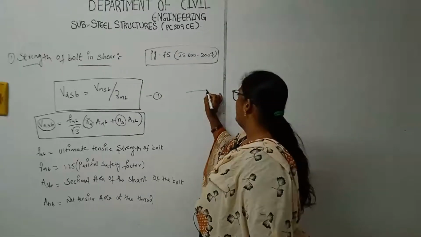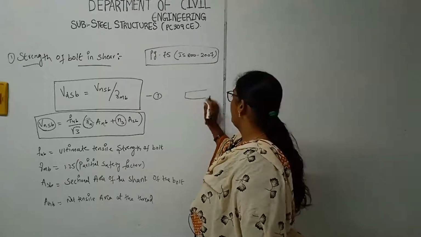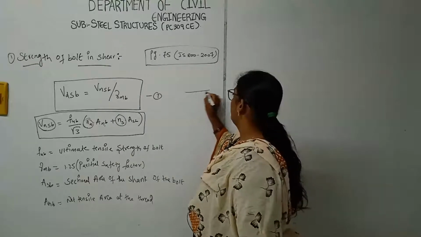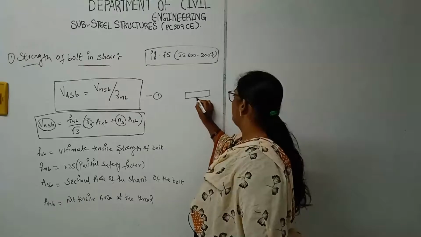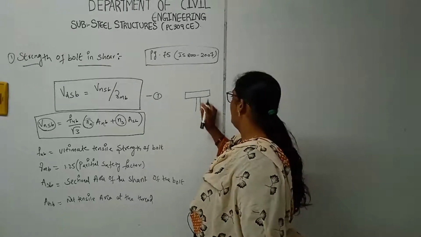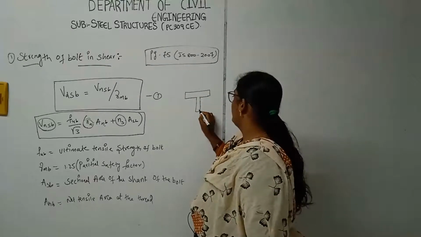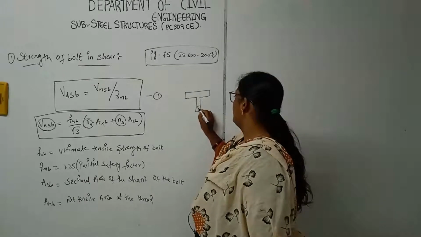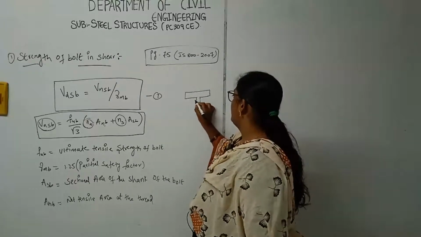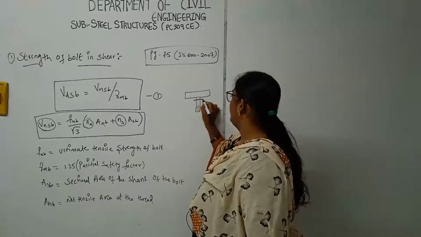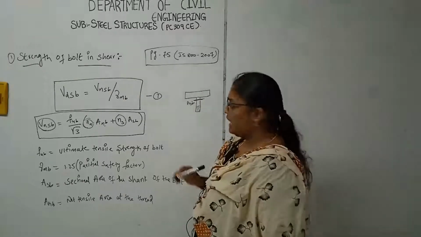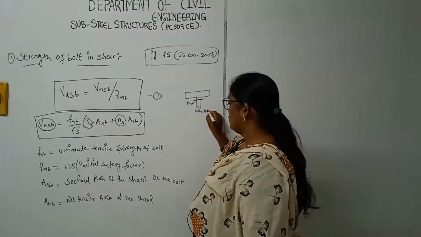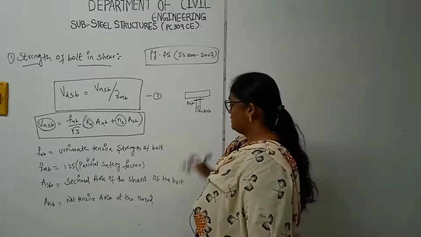See here, this is your bolt and this is the threaded portion. This part is your sectional area and this part is your net tensile area.